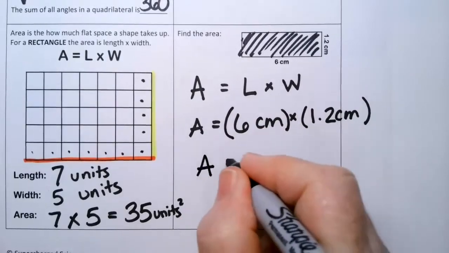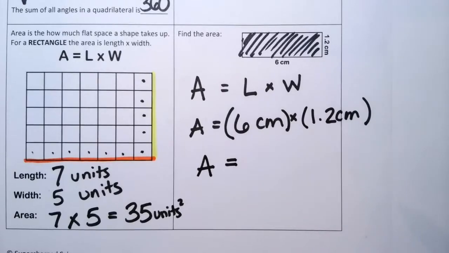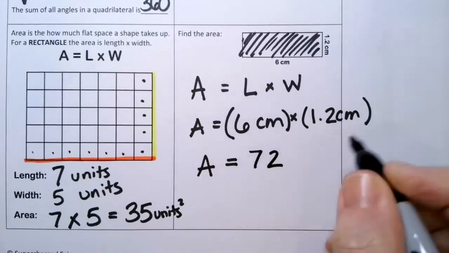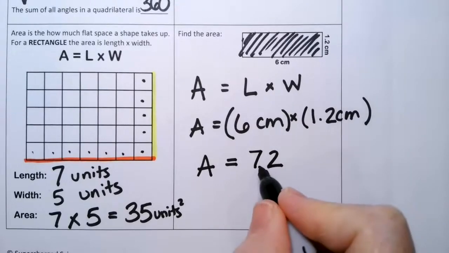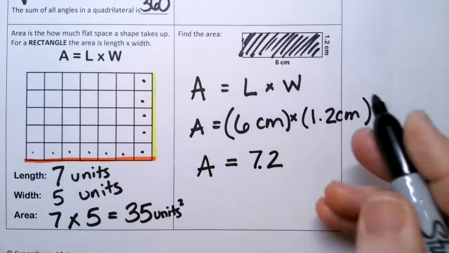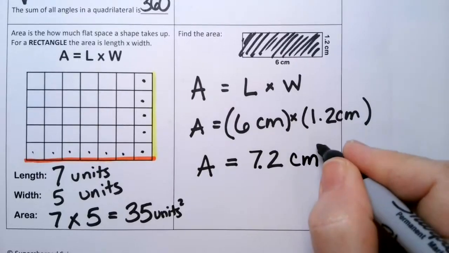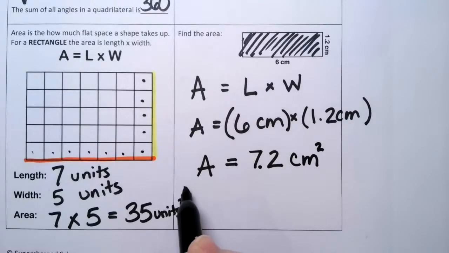Okay, so my area is, what is 6 times 12? Anyone remember 6 times 12? Good, 72. Put the decimal point back in, so we're going to go in one hop this way. So 6 times 1.2 is 7.2. Centimeters times centimeters gives you centimeters, and we put a little 2 right there. And the 2 is higher, it's smaller than this 2.